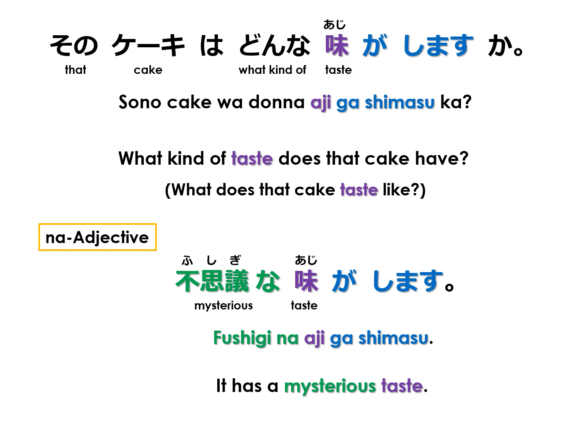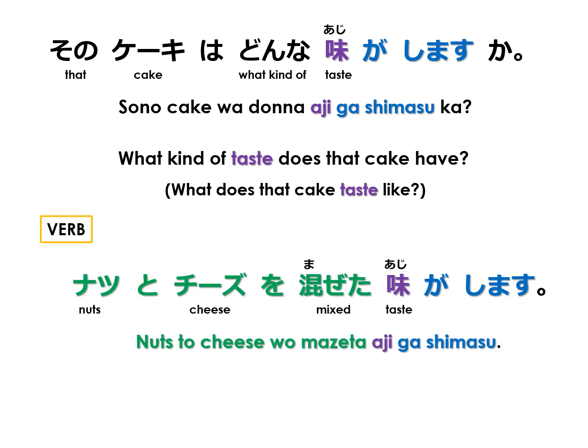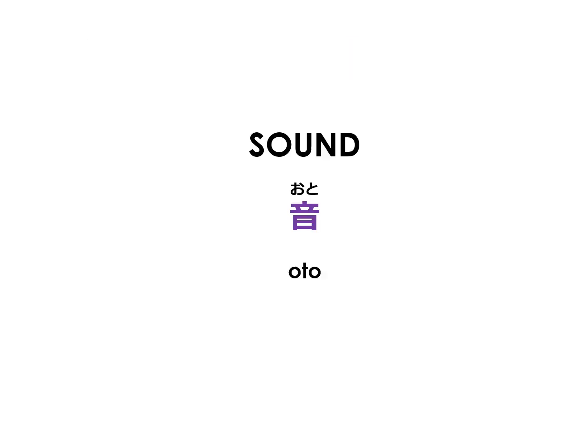And using a verb clause, we can say something like ナッツとチーズを混ぜた味がします. It tastes of nuts and cheese mixed together.